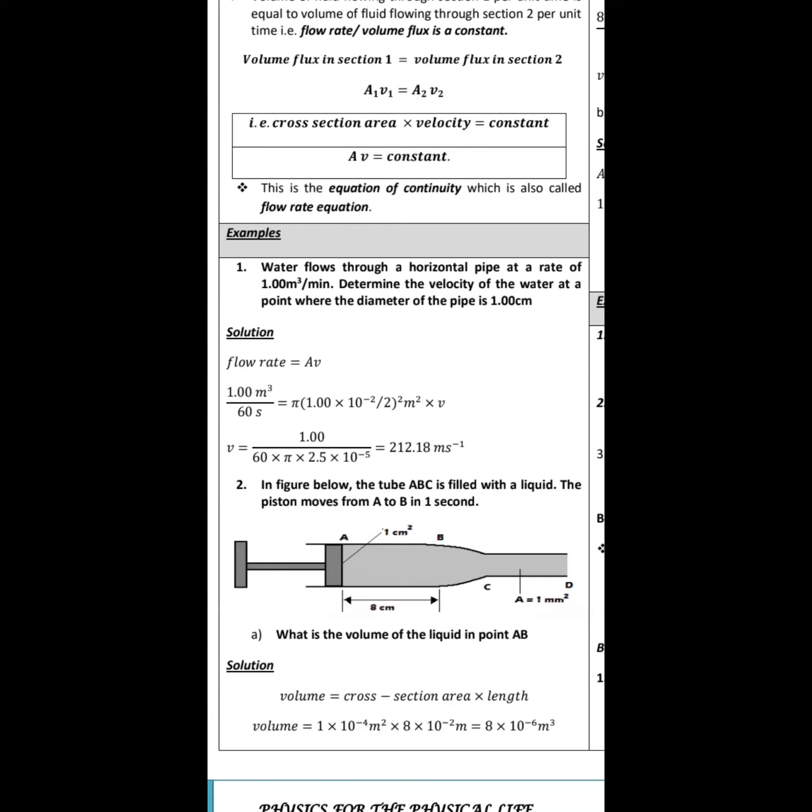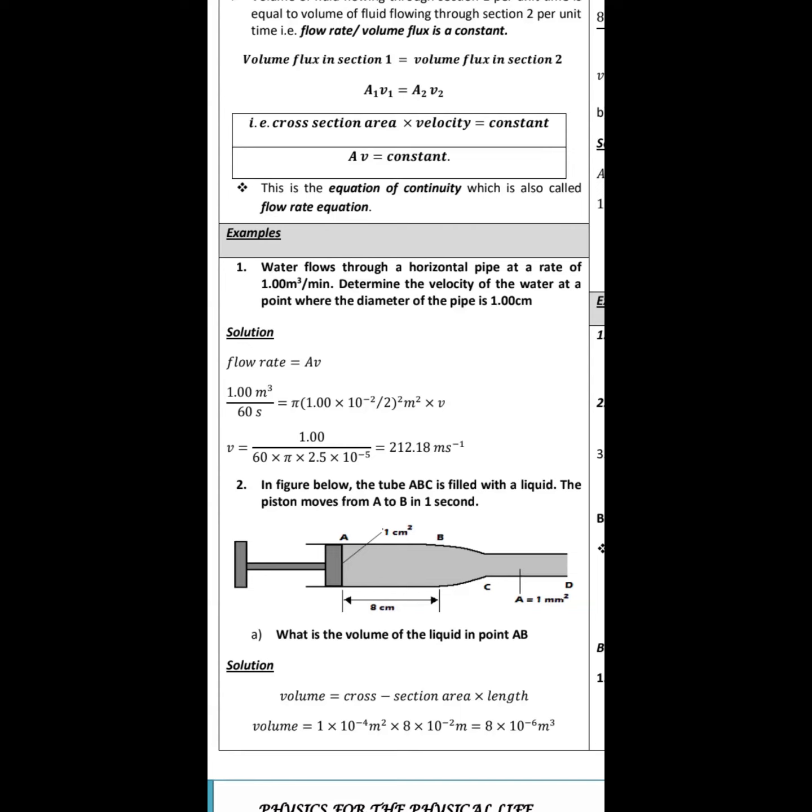From the diagram, we have a tube of different cross-sectional areas. We have part AB, part BC, and part CD. But question A is asking for the volume of the liquid in part AB, so we consider part AB for the first question.